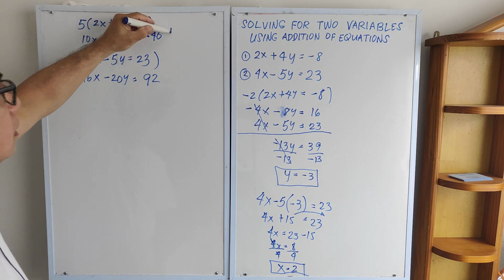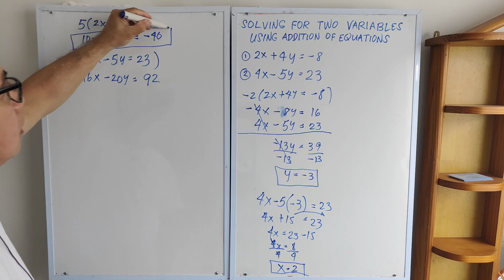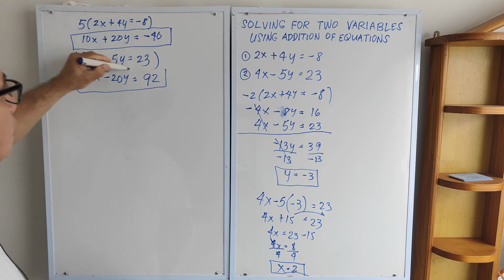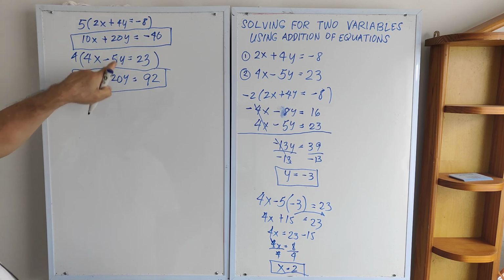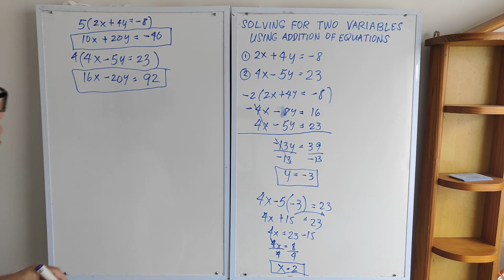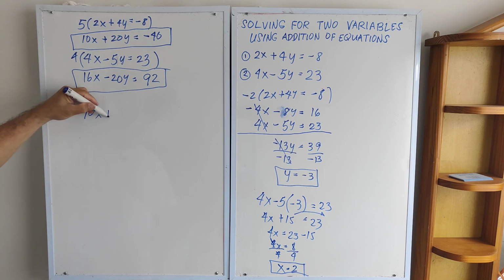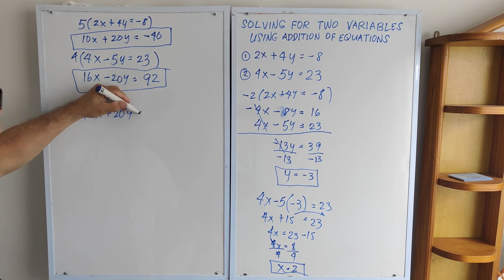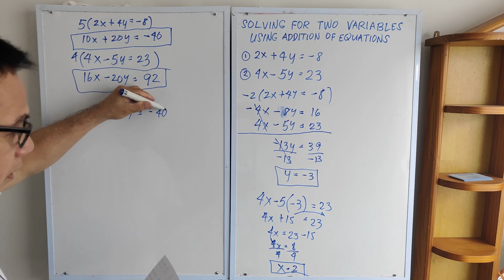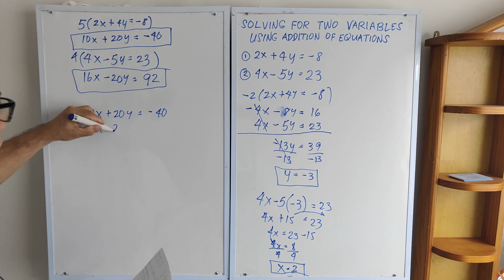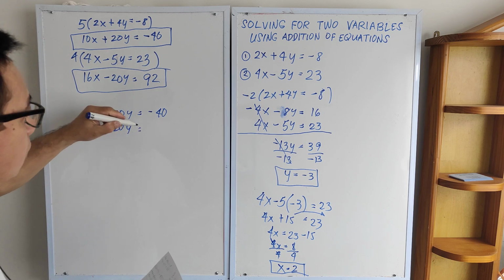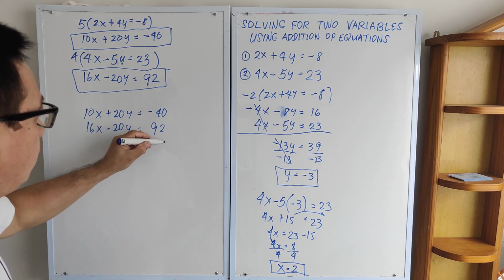Now this is our new equations. They now have the same numerical coefficient on the y but different signs. So let me rewrite this: 10x plus 20y is equal to negative 40. And this one we rewrite: 16x minus 20y is equal to 92.